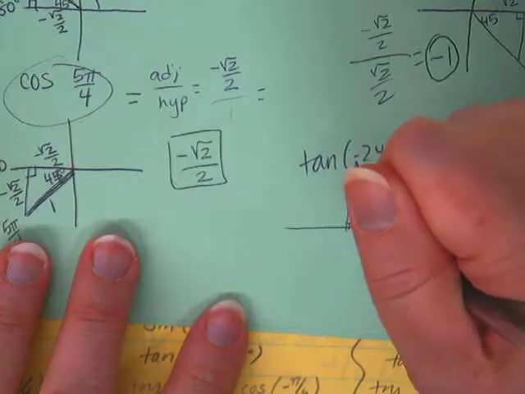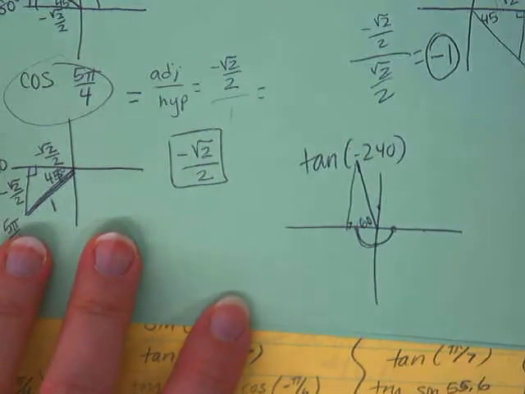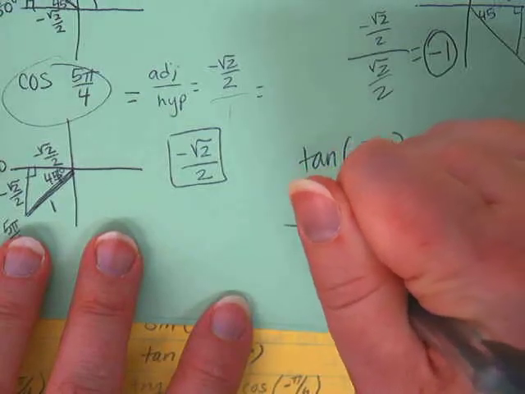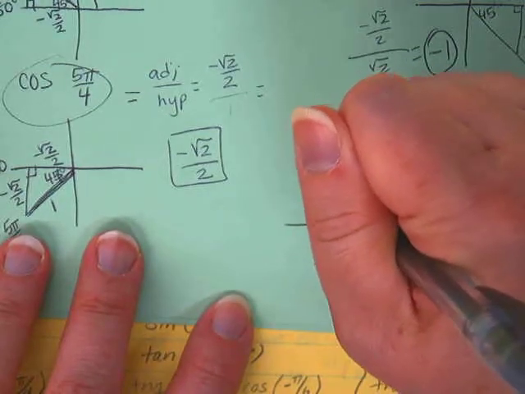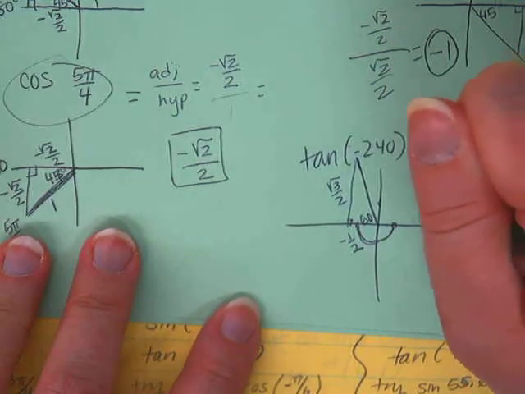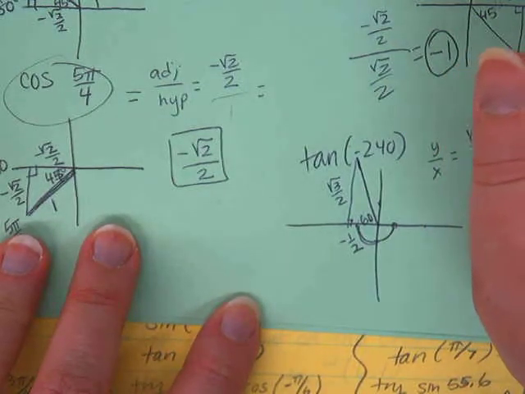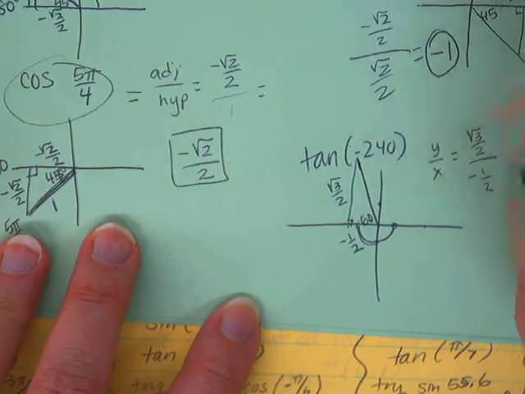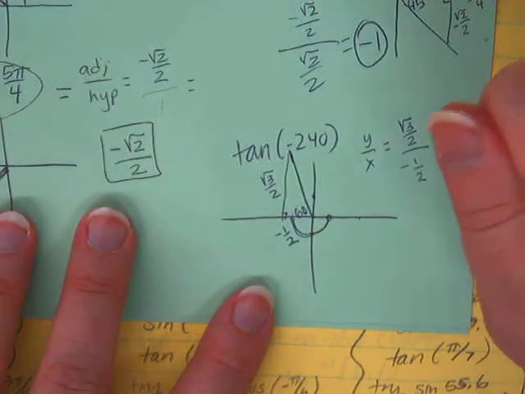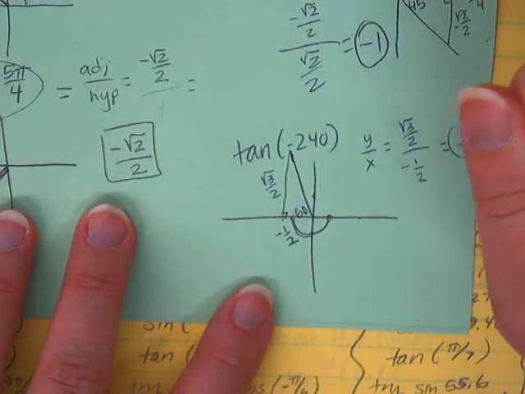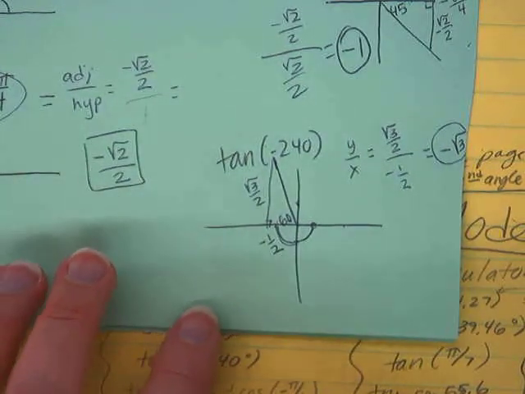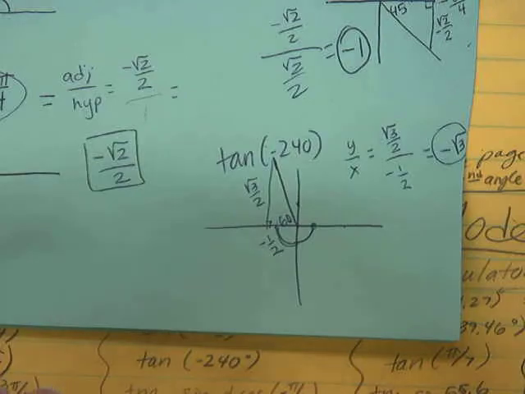So that would be what angle in here? 60 degrees, which is also pi over 3, yeah. So we're in the second quadrant, so x is negative, so x is negative 1/2, and y is positive square root of 3 over 2. So if we're doing tangent, we do y over x. So square root of 3 over 2 over negative 1/2. What does that reduce to? Negative square root of 3.